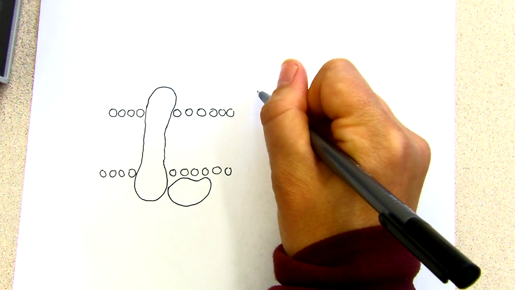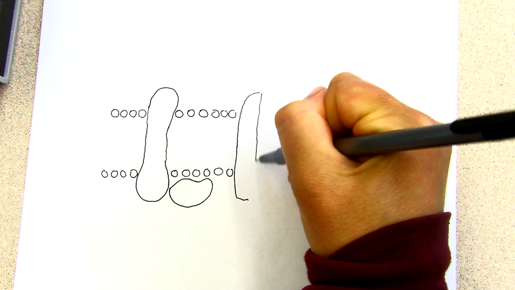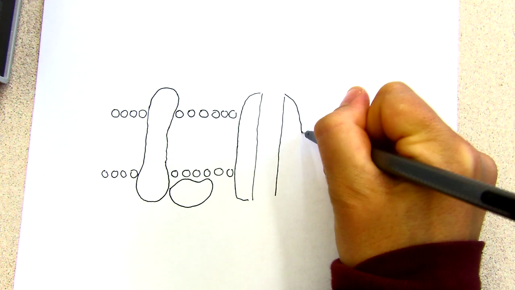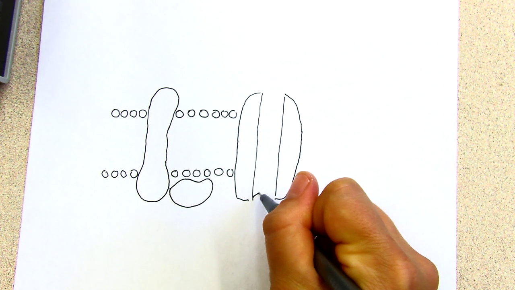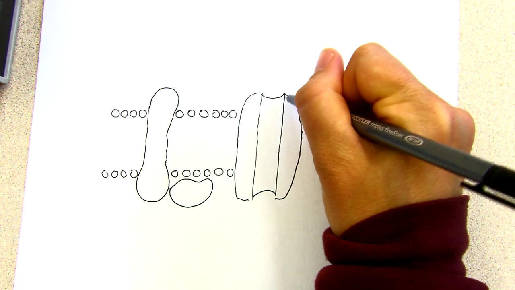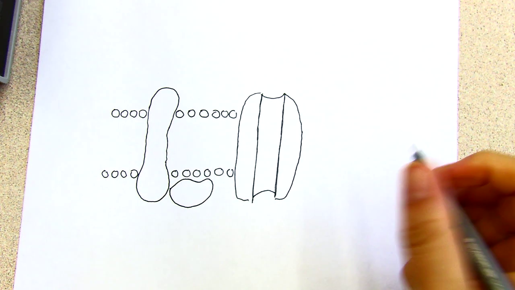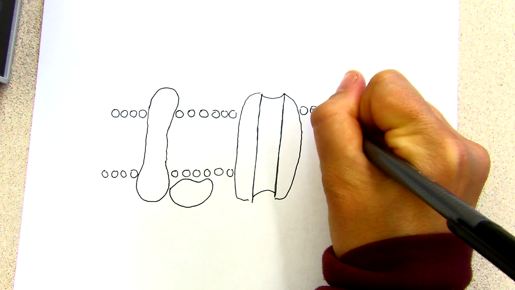I'm going to draw a channel protein here. And if you're artistic, you can kind of try to make it look 3D, kind of like a bead. Okay, I'm going to draw some additional phospholipids.